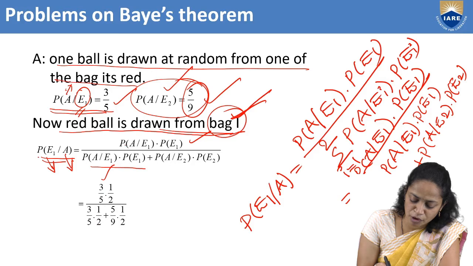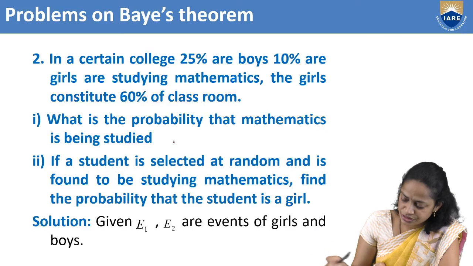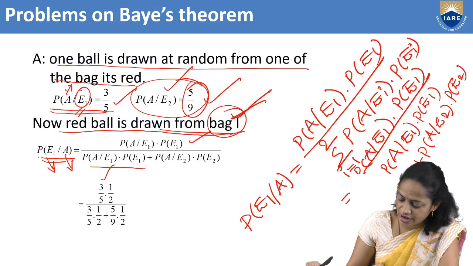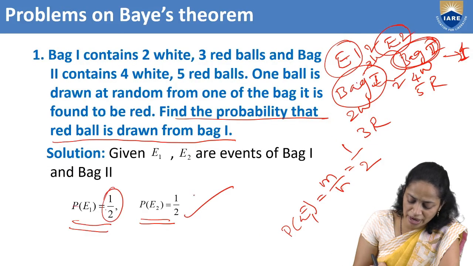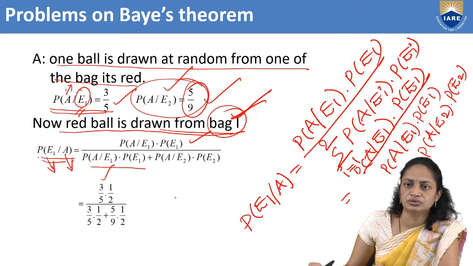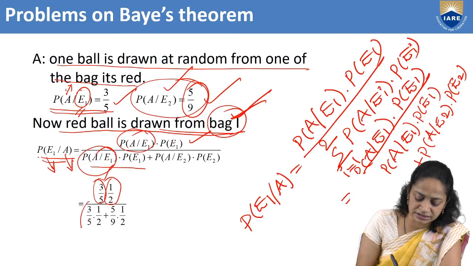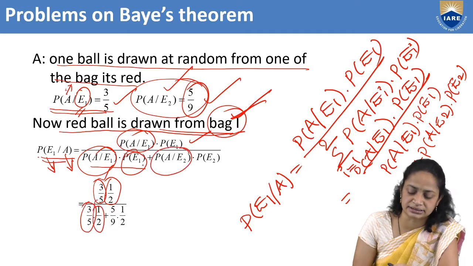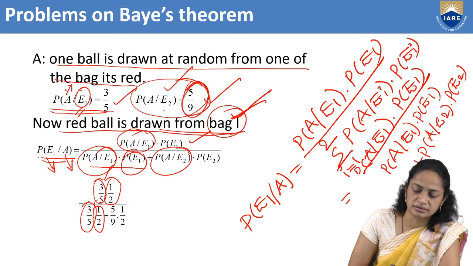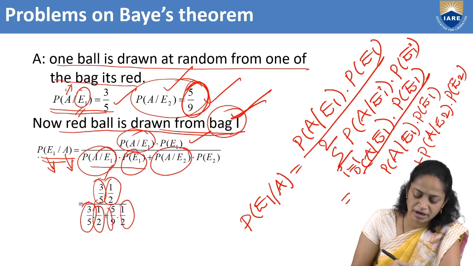So probability of A given E1 is 3 by 5 into P of E1. Already we have found P of E1 is 1 by 2 and P of E2 is 1 by 2. So it is 3 by 5 times 1 by 2, plus 5 by 9 times 1 by 2.